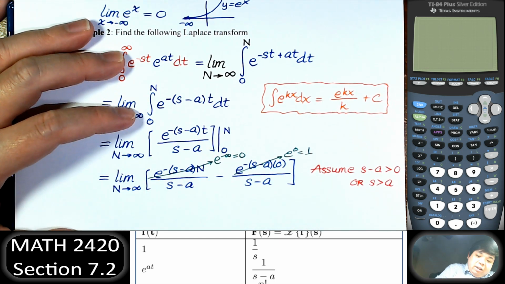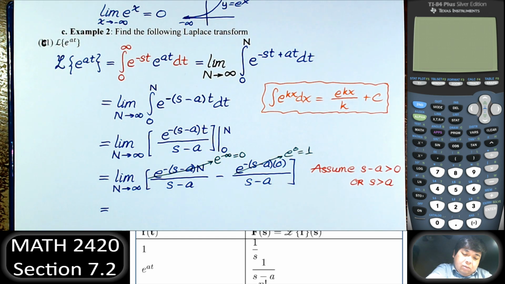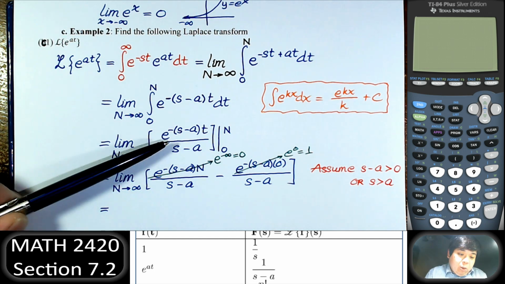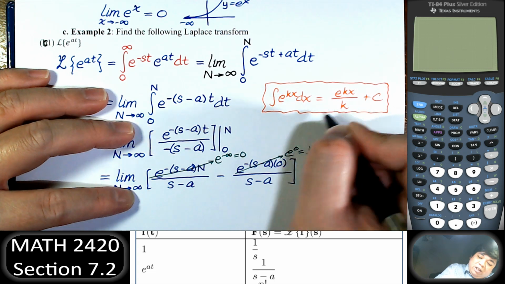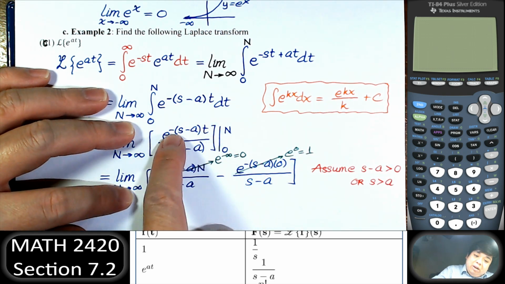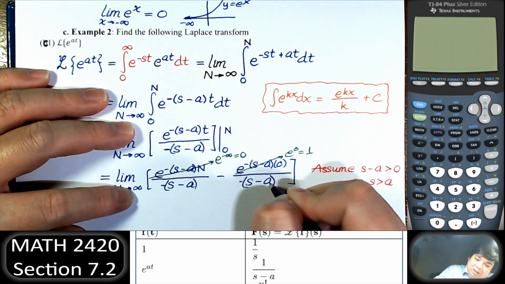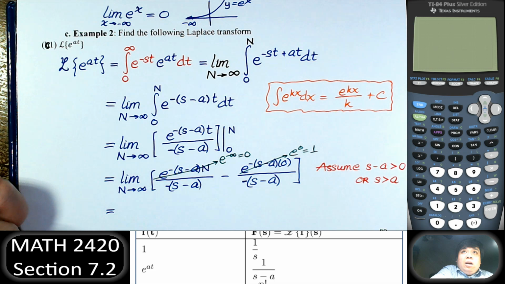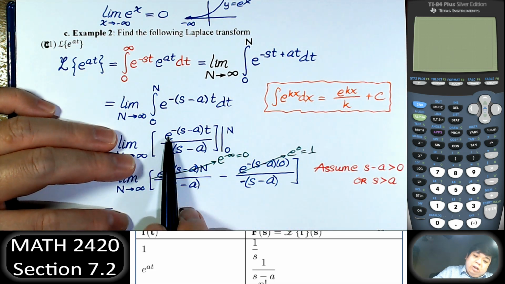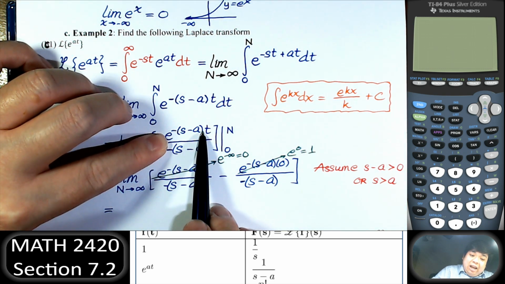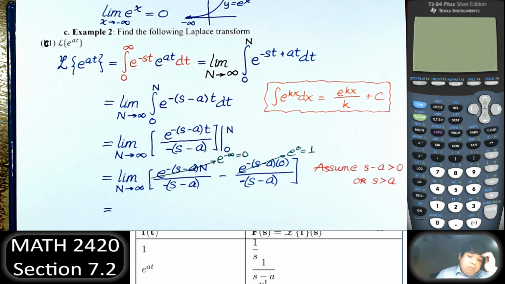Of course, I forgot one thing. When we divide this, there should be a minus here. We divide by the coefficient, so in this example k is negative, parentheses s minus a, and I forgot the negative, sorry. So we do e to the kx over k, with k being negative s minus a.